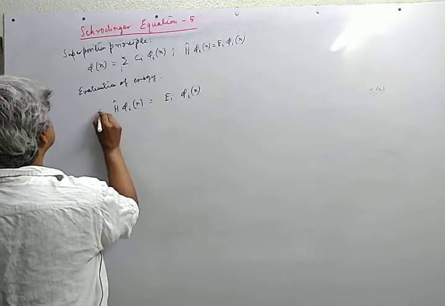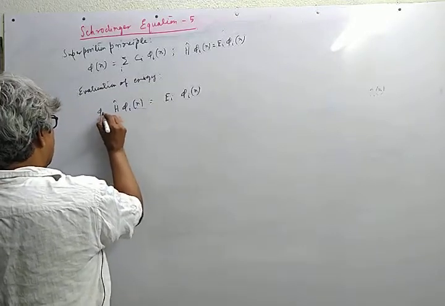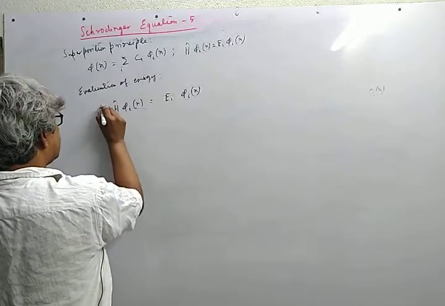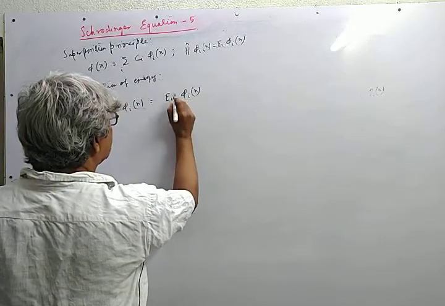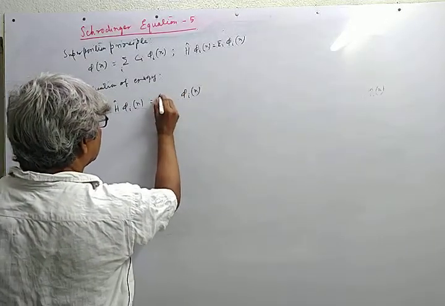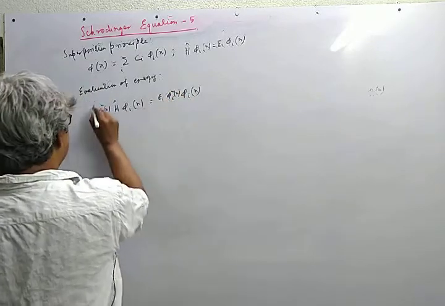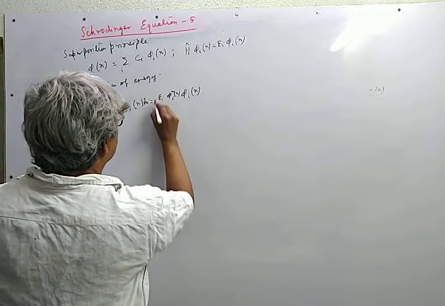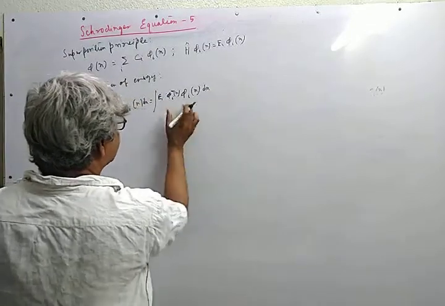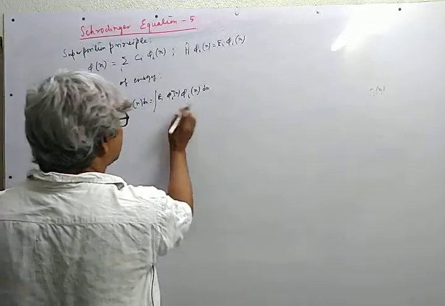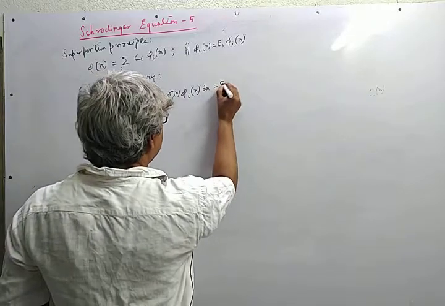We multiply this by the corresponding quantity with star, so this will be Ei phi i star of x, and then we integrate the whole thing over dx, and due to the normalization condition we will get Ei.